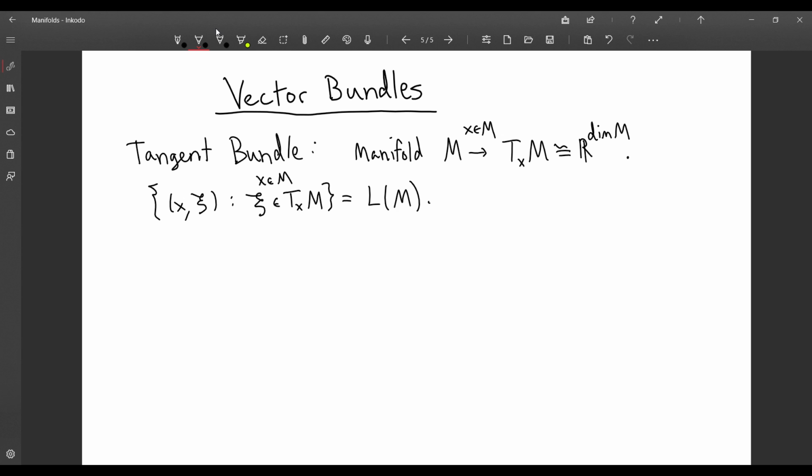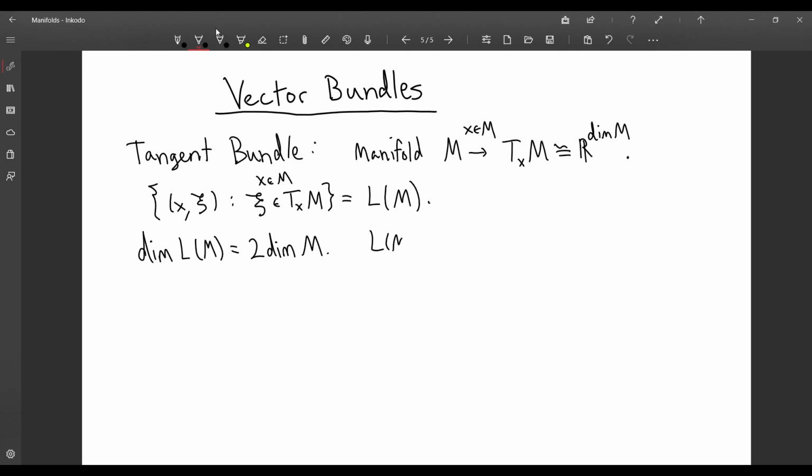And so clearly the dimension of this manifold is going to be twice the dimension of M, because for x the dimensionality of the first element is n, the dimension of M, and since the dimension of the tangent space is also the dimension of M, you have another n.